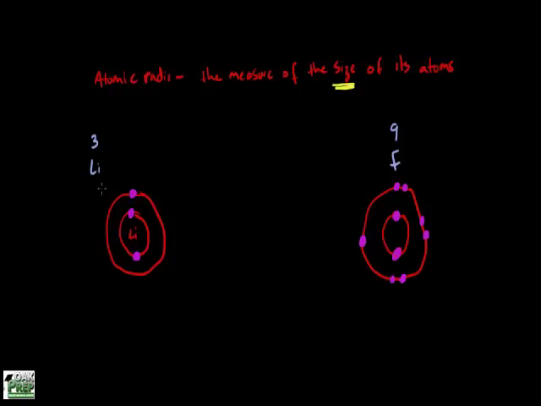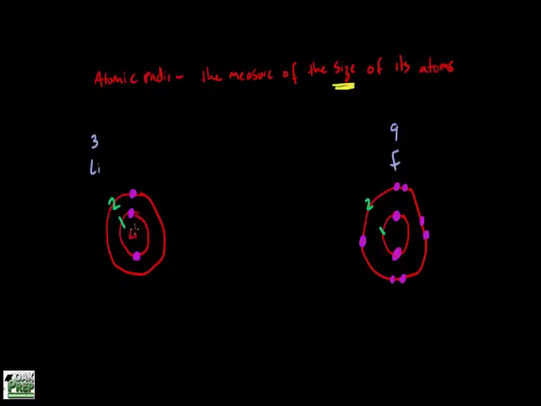So as you can see both of these have 2 rings, right? There are 2 shells, 1 and 2. So the distance from the nucleus to this outermost ring is the same, right? But there is a small difference between these two when it comes to the size.